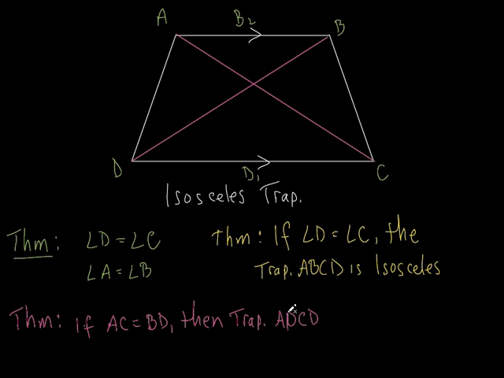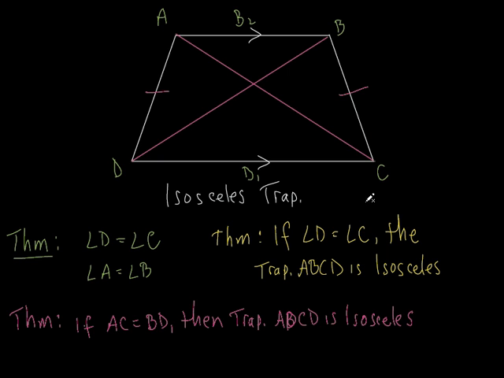That's supposed to be a B right there. Okay, so what does it say? If these two diagonals, if AC and BD, are equal to each other, then this whole thing has got to be isosceles, which means what would be true? That must mean that AD must equal BC. Follow me on that? So if the diagonals are equal to each other, then this thing is an isosceles trapezoid.